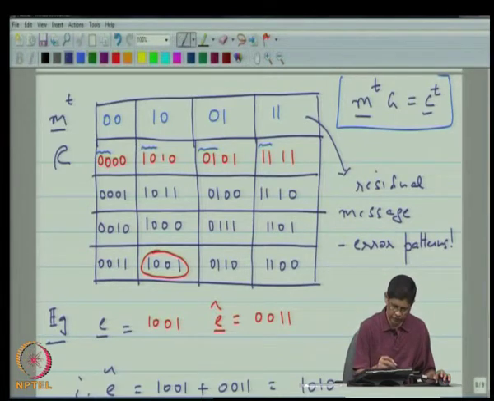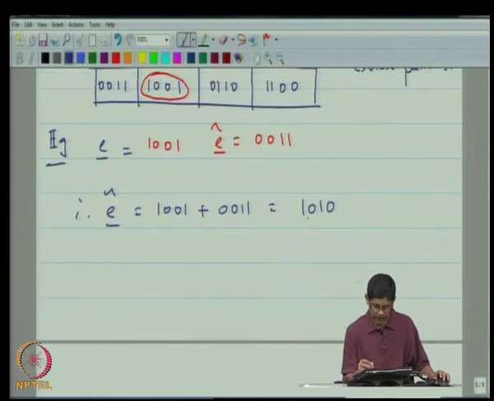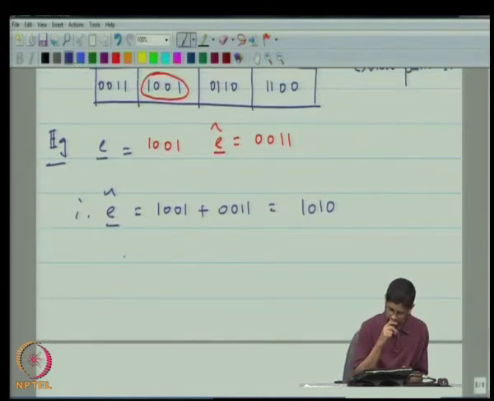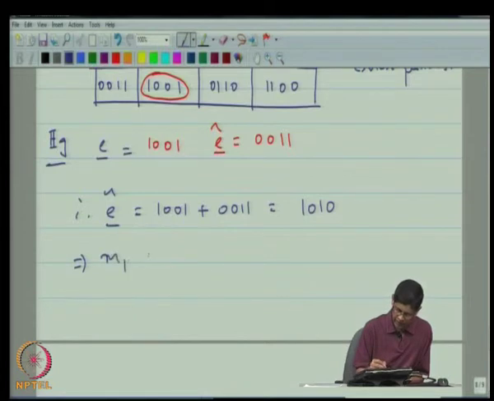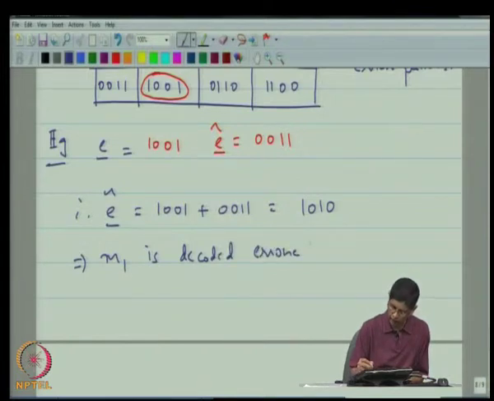But now we are interested in what is the residual error insofar as the message bits are concerned. So, you can see from here that since you recover the message symbols by stripping the first 2 symbols of the code, it is clear from this that M1 is decoded erroneously, M2 is decoded correctly.